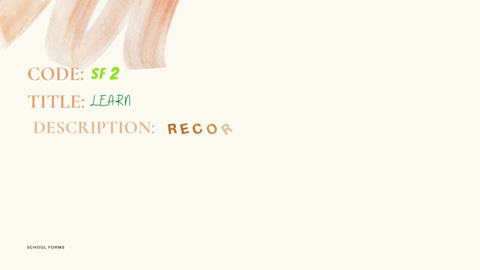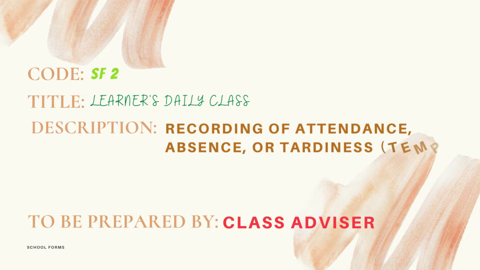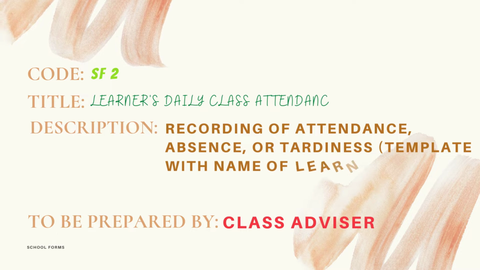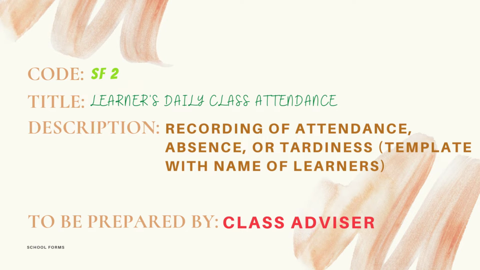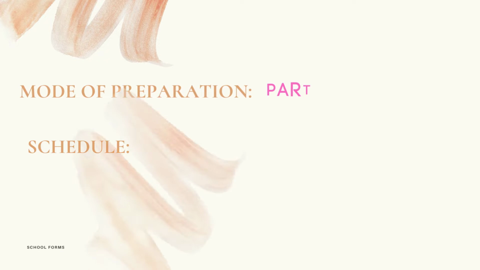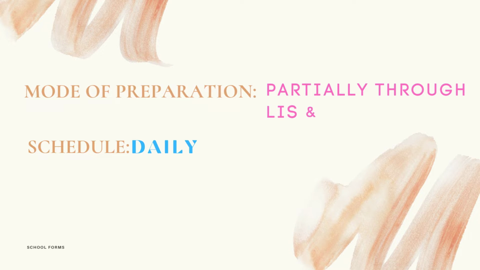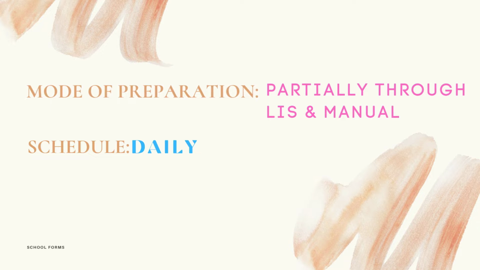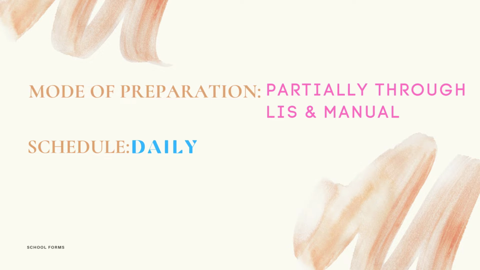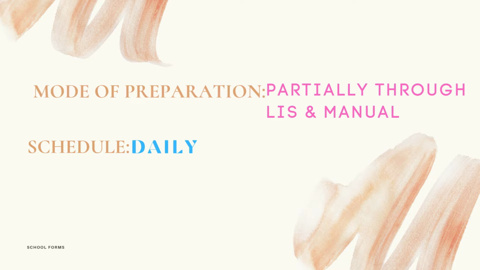Next, SF2 or the School Form 2. These are the learners' daily class attendance, wherein you record attendance, absence or tardiness, with templates with the names of learners, to be prepared by class advisors. Mode of preparation: partially through LIS and manually, wherein you can download your SF2 in LIS and manually record the daily attendance of the learners, and it is prepared daily.